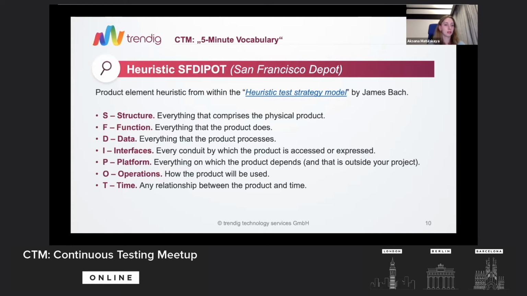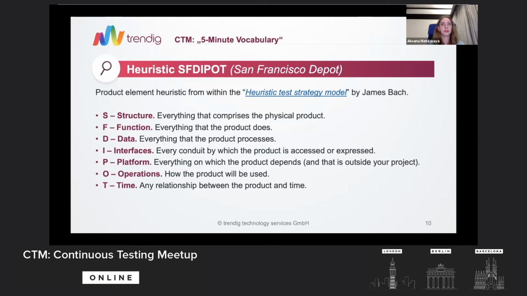D is for data, so as you can understand, you test here anything related to handling data, like input data, output data, or temporary storages. By interfaces, you test anything related to interfaces, like API or GUI or command line interfaces.